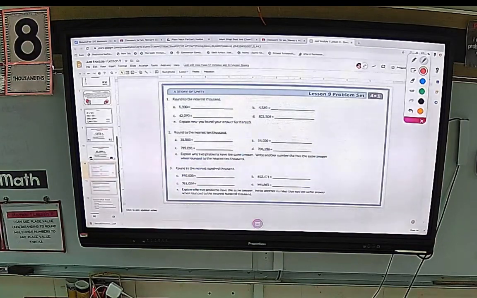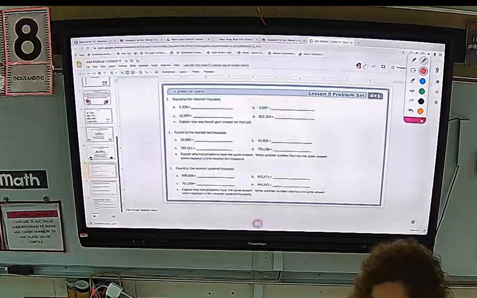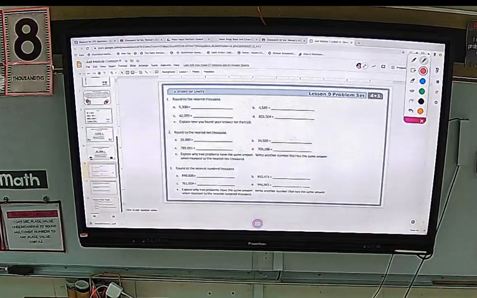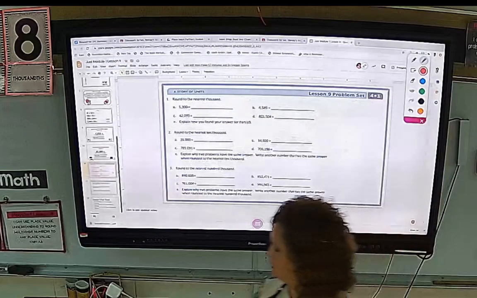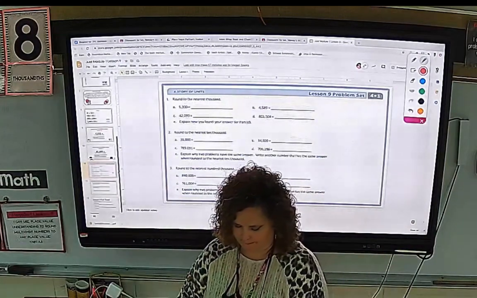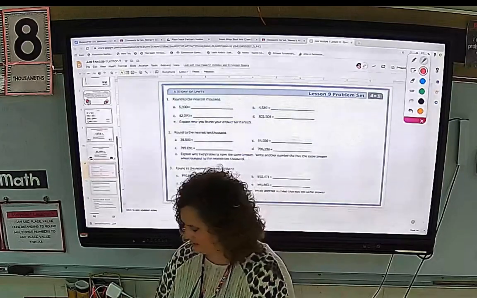One reminder, look at your directions and what you're rounding to. If you need scratch paper, it's over there, but you may have plenty of space on the page. Okay, go ahead and get started. We will check some of these in just a minute. Not without your mask.